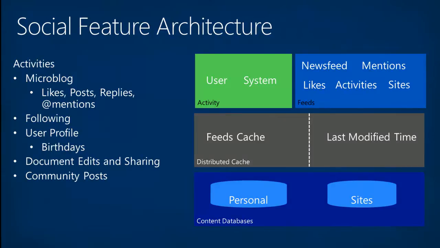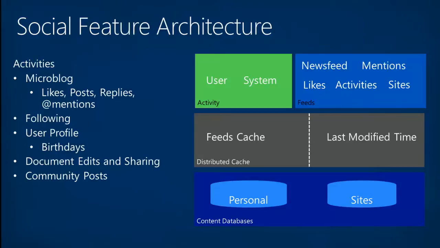And we're going to talk about how distributed cache is actually broken out a bit. Within the distributed cache, we really have a feeds cache where we're actually capturing all that activity information and then pulling that information out when we go to use the web parts. And then we also have a last modified time portion of the cache where we're really keeping track of when something was written.